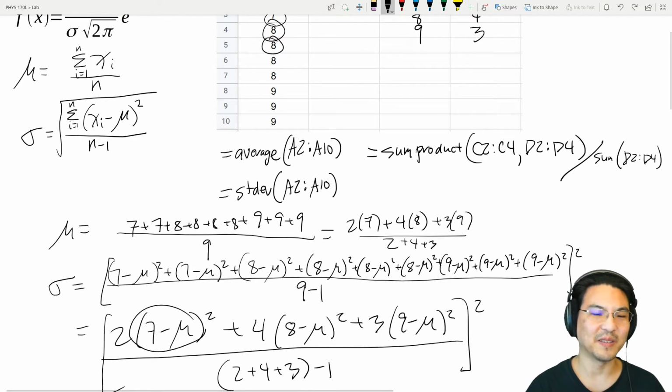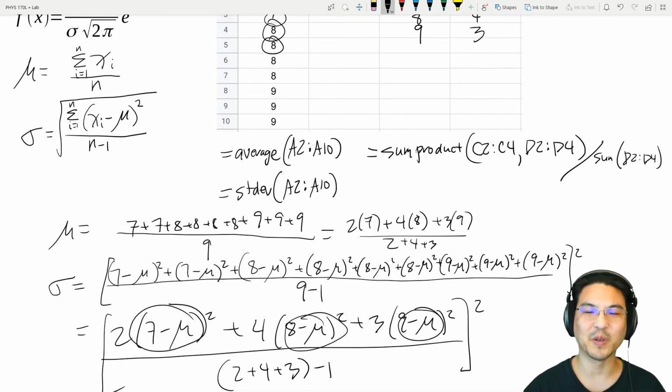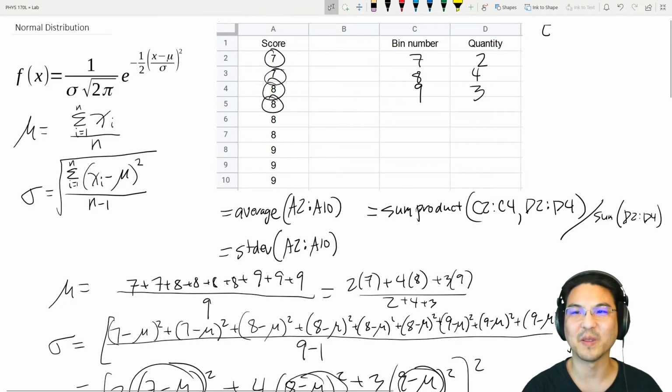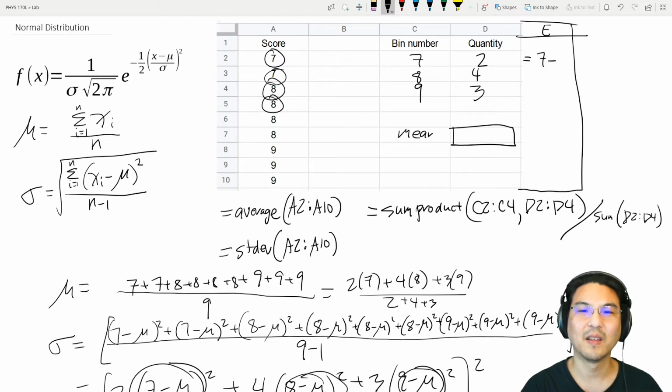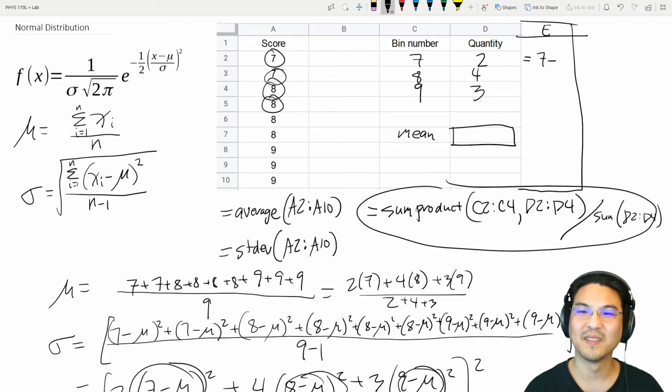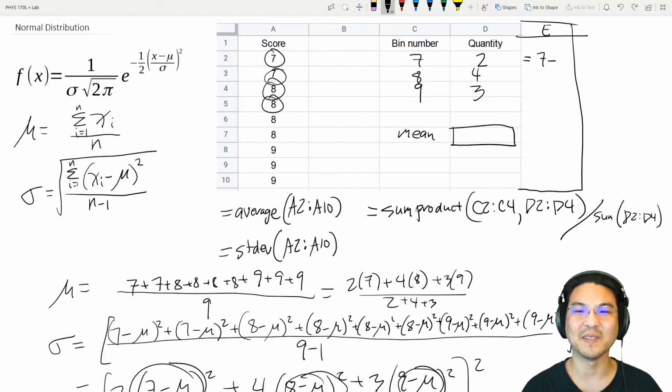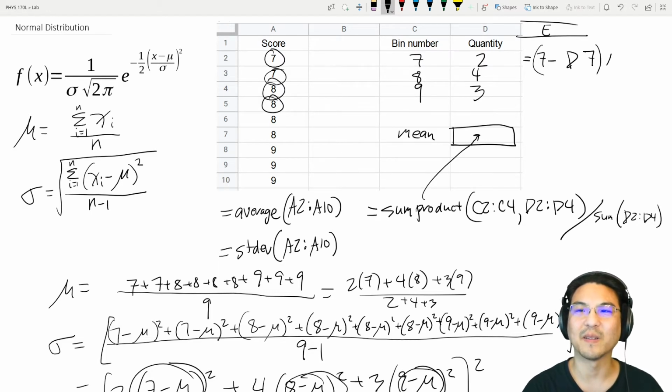We need this data right here, which we can put in a column. I'll put this in column E. So it'll be more like 7 minus the mean. If I put the mean somewhere over here, in cell D7, D7 squared, like this.